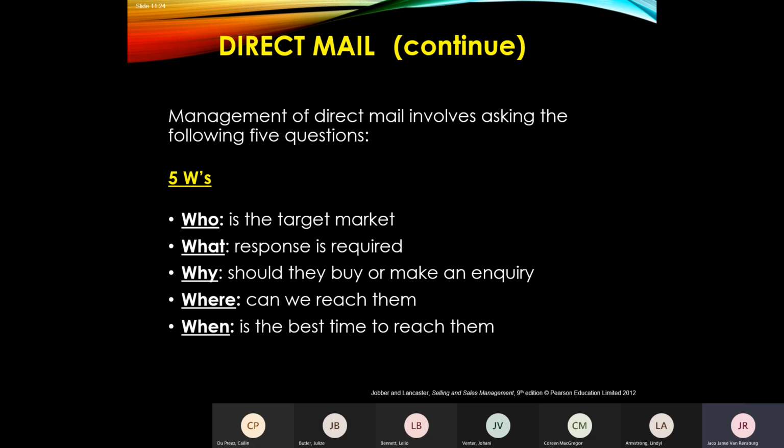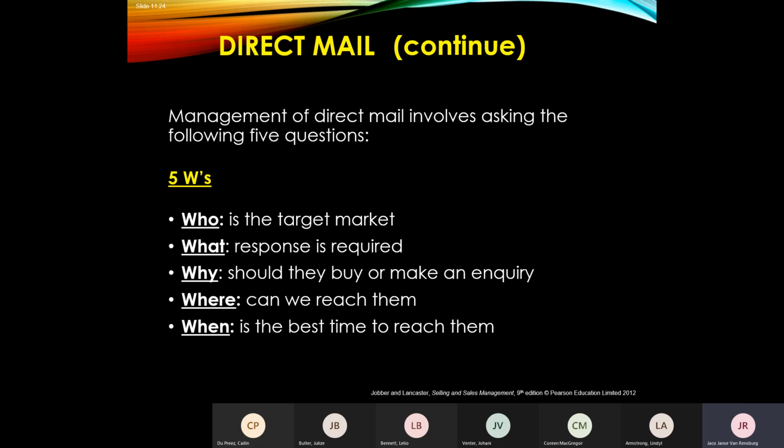There are 5 W's, or questions, that you have to ask yourself when you are preparing for direct mailing activities. Obviously, who is the target market? What response are you expecting from them? Just information, or is it to make a sale?